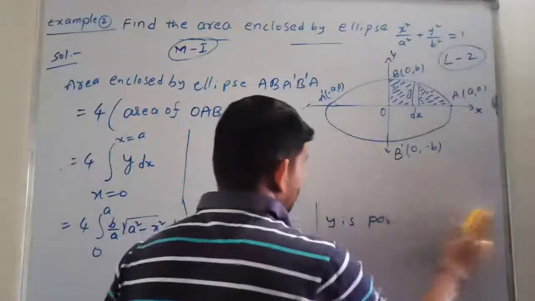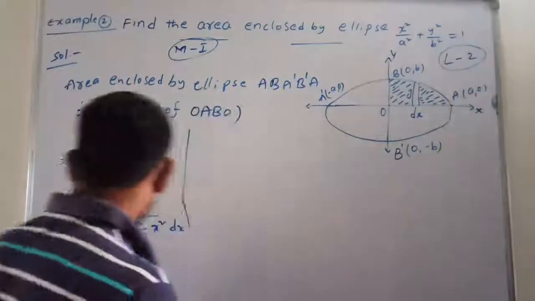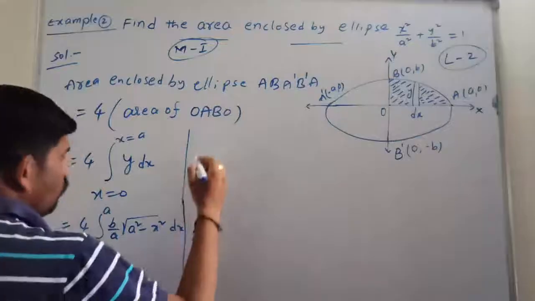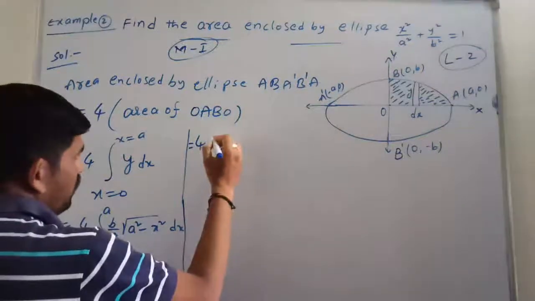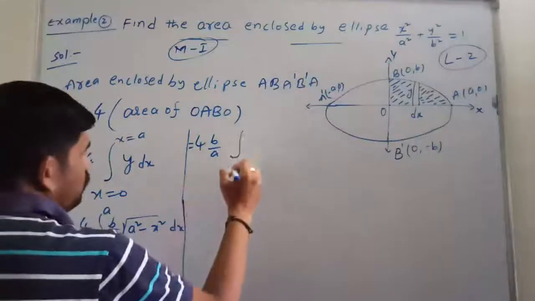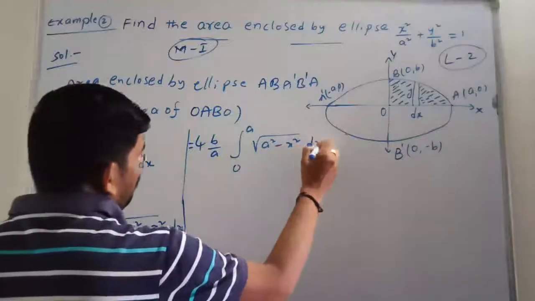See, after this, we can apply the formula here. 4 into b by a is again an outside constant. So we are applying the integration 0 to a of root of a square minus x square dx.